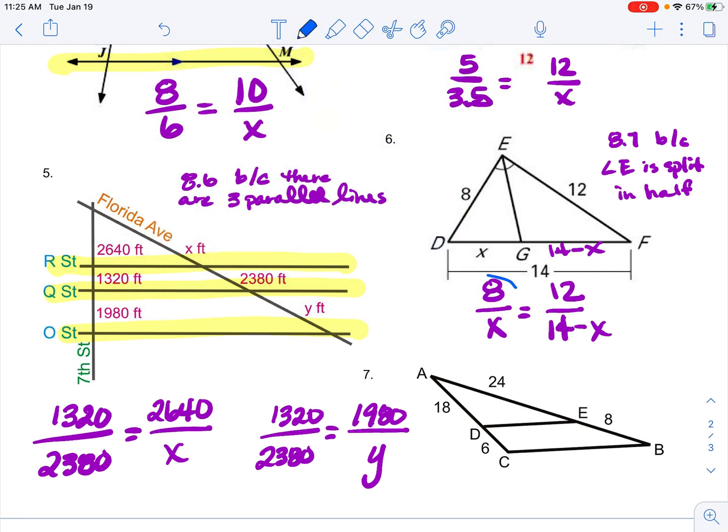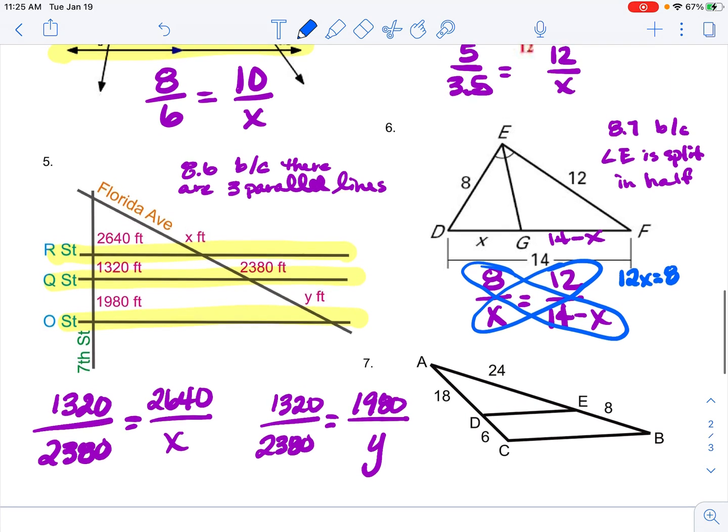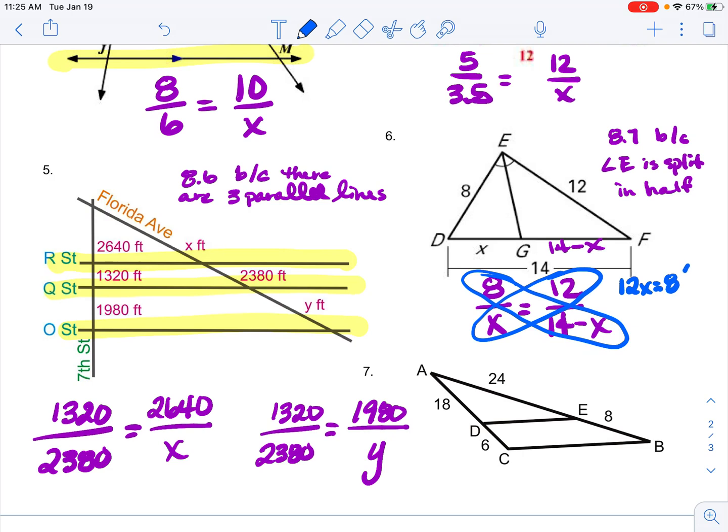Now let me go ahead and solve this one for you since I haven't solved one in a little bit. As a reminder, you do this times this and this times this. X times 12 is going to be 12x is equal to 8 parentheses 14 minus x. Now remember, we have to distribute. So 8 times 14, that's 112 minus 8x.